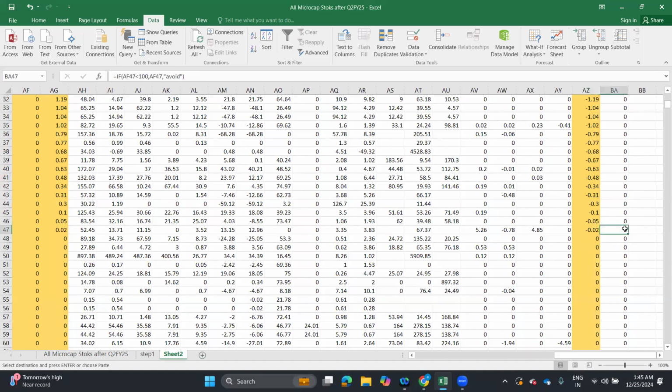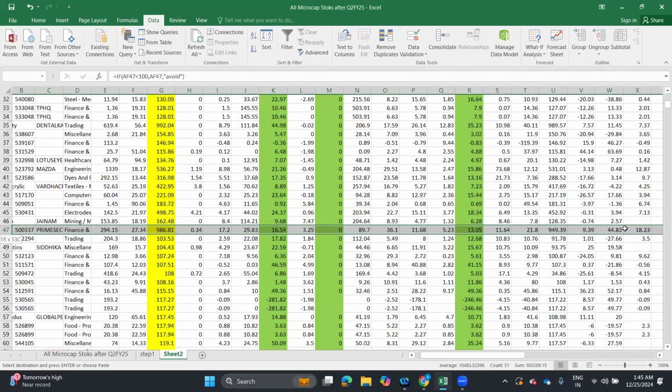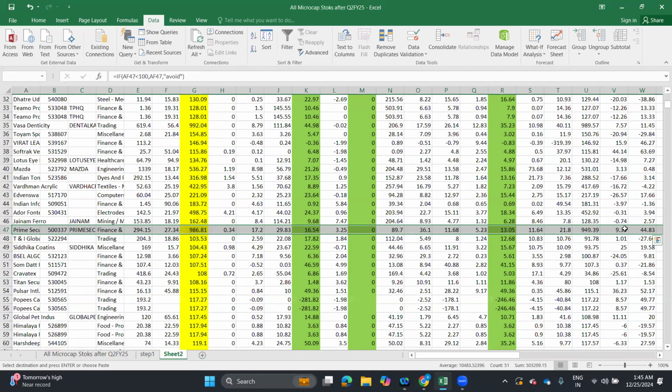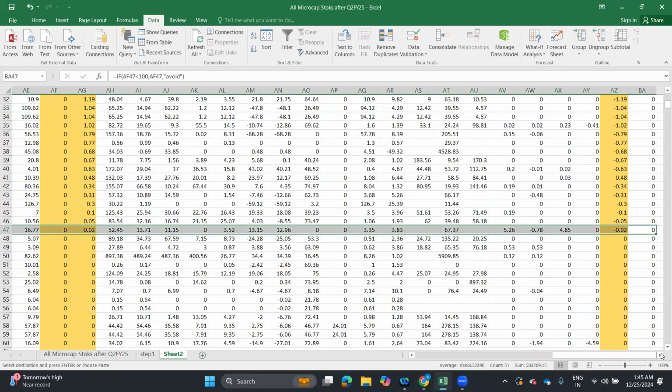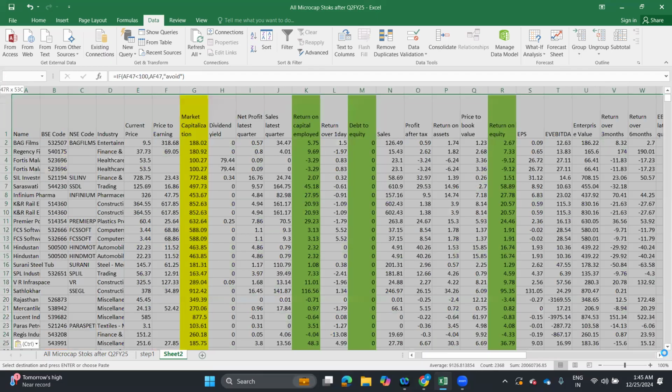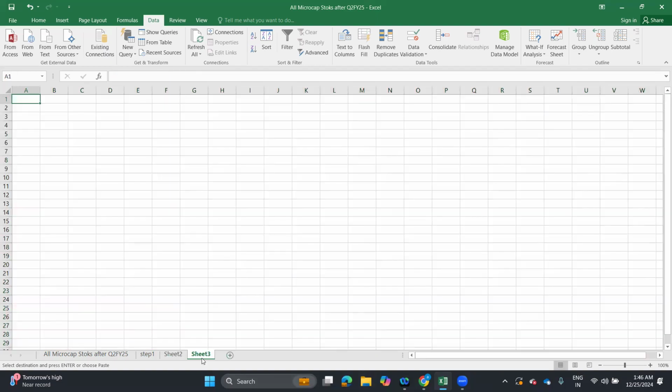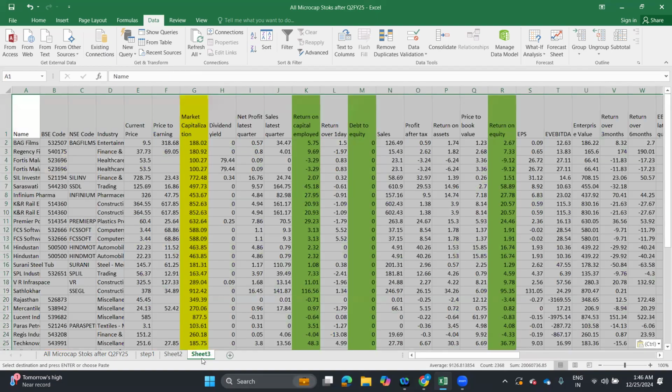So my motive is to find the trigger. So let me pull out those companies where debt was there and now they have reduced debt. So I'm just filtering this particular list to another sheet.